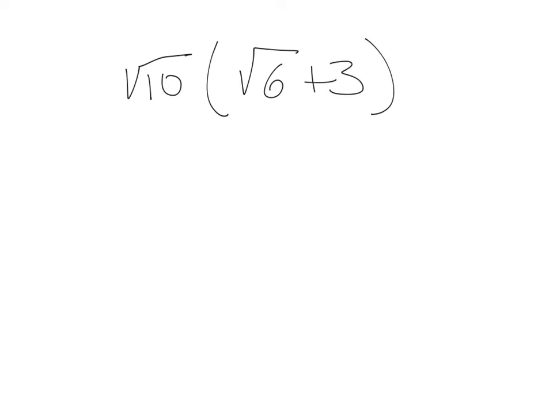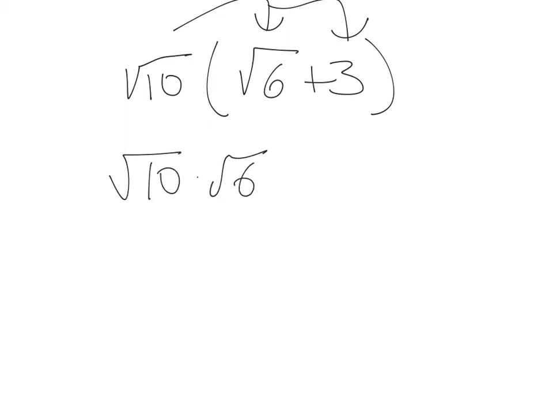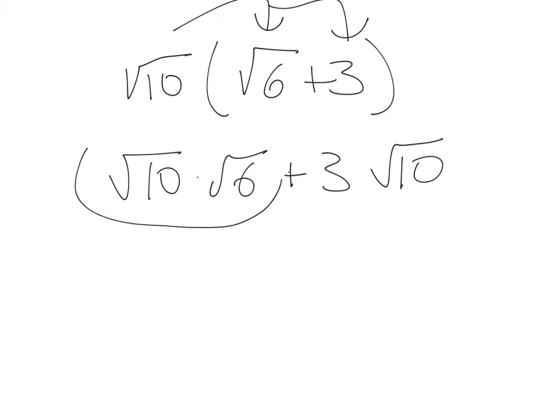We can also multiply radical expressions. For example, the square root of 10 times the quantity square root of 6 plus 3. We can do the distributive property: the square root of 10 times the square root of 6, plus 3 times the square root of 10. The square root of 10 can't be simplified at all. This can be combined, though.